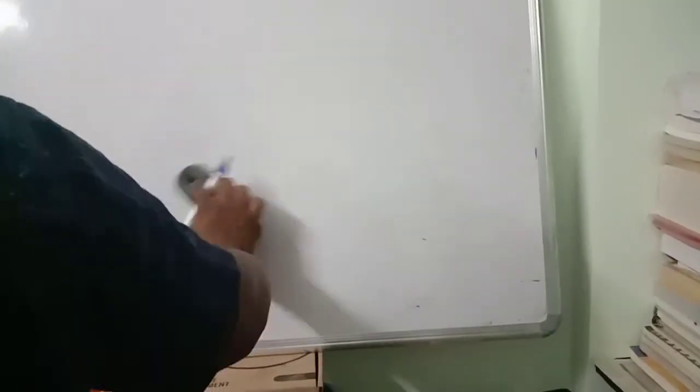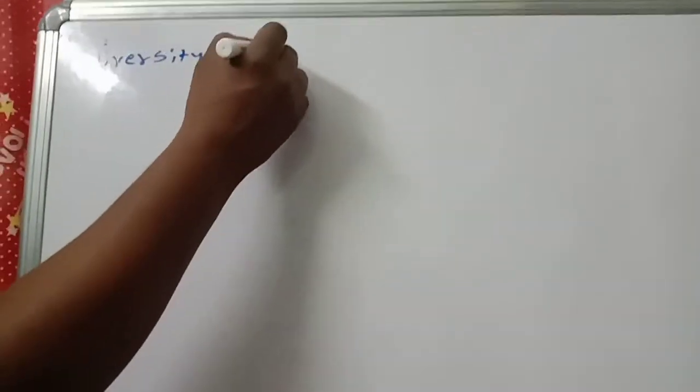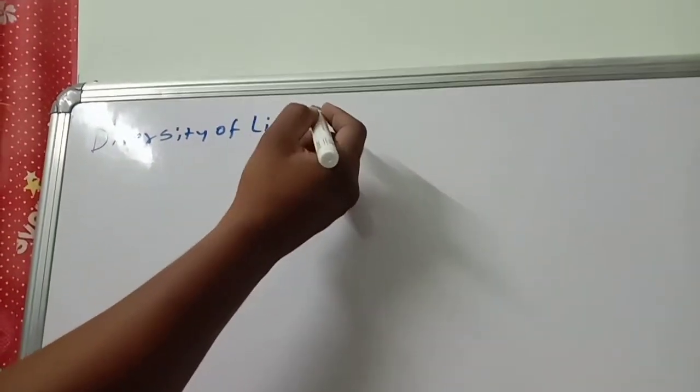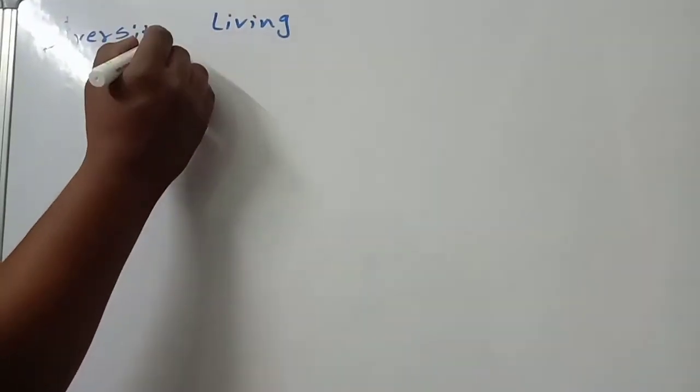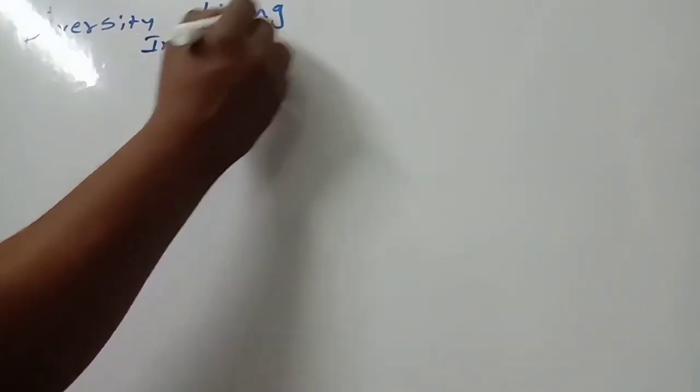What is the next chapter? Animal kingdom we will be discussing. So in this chapter, first we discussed what? Diversity of the living world.